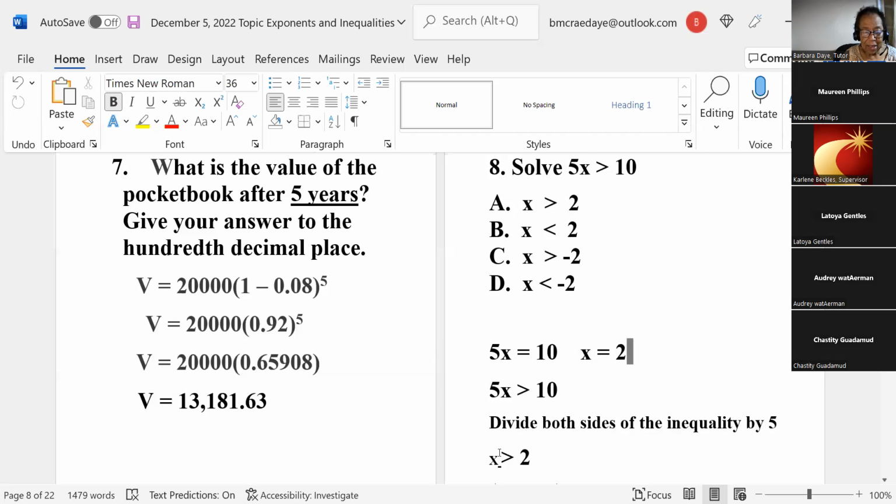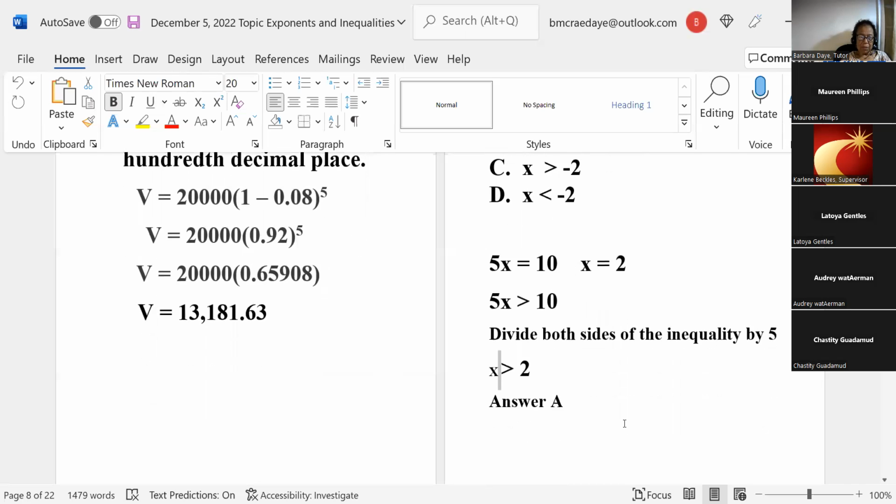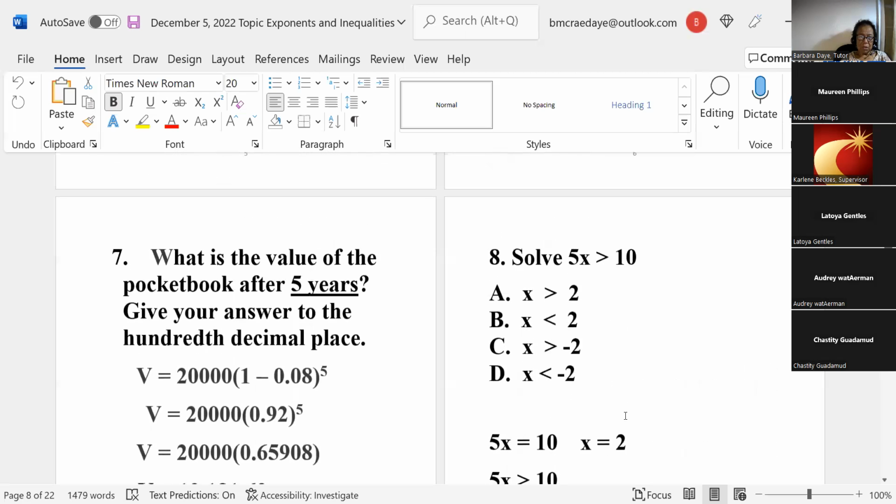So when we divide by 5, we get x greater than 10 divided by 5, x greater than 2. And that's what we just said, right? We just said that it has to be greater than 2. Got it? Is it clearer now, the greater than? I think so.